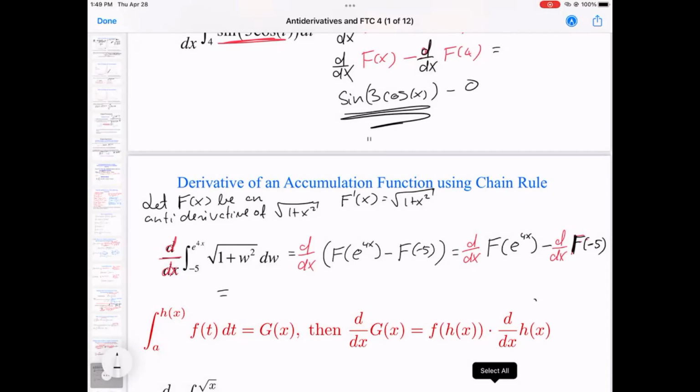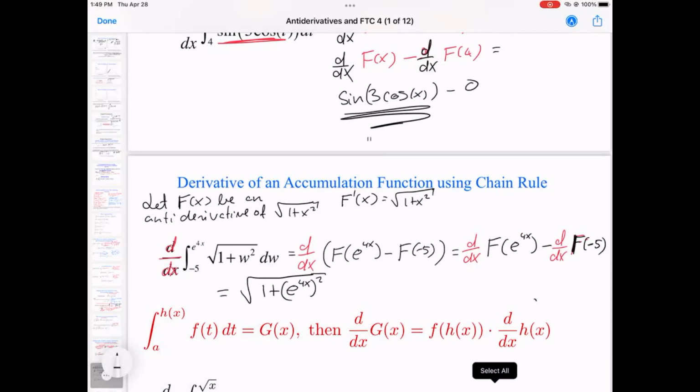So what's the derivative of capital F with respect to e to the 4x? Square root of 1 plus e to the 4x squared, right? So that's going to be the square root of 1 plus (e to the 4x) squared, because we're taking the derivative of capital F with respect to the inside function.